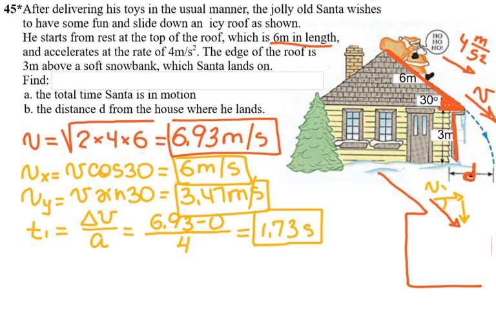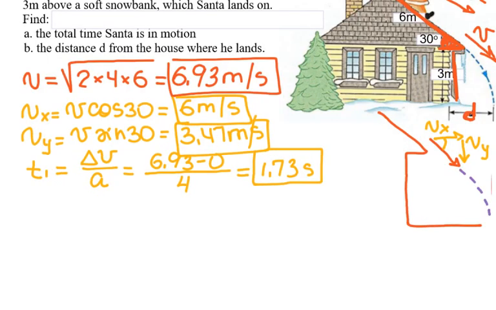So this is my Vx, this is my Vy. Now I'm going to switch to a different color, purple, so it makes more sense. Now he starts going like this and lands with some vertical velocity. His horizontal velocity is going to stay the same, but it will have a different vertical velocity. His initial vertical velocity is right here, Vy, and this one is going to be some different vertical velocity.